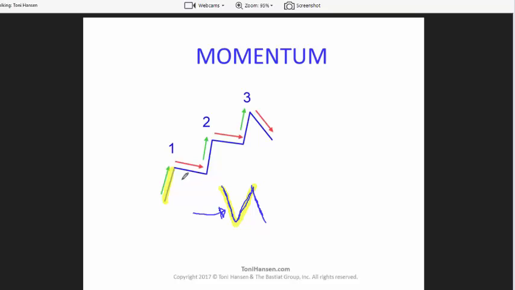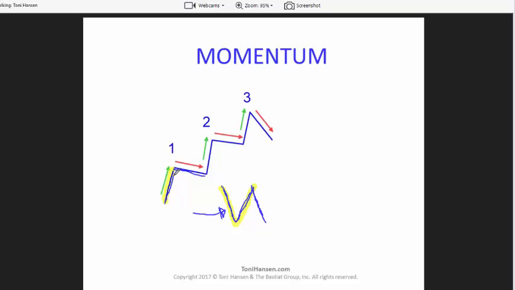The basics of momentum are when you are looking at an average to above average move in any type of security, and then you have a slower, much more gradual move as the correction, your odds, of course, are going to be pretty high that you're going to have a continuation of the stronger momentum.